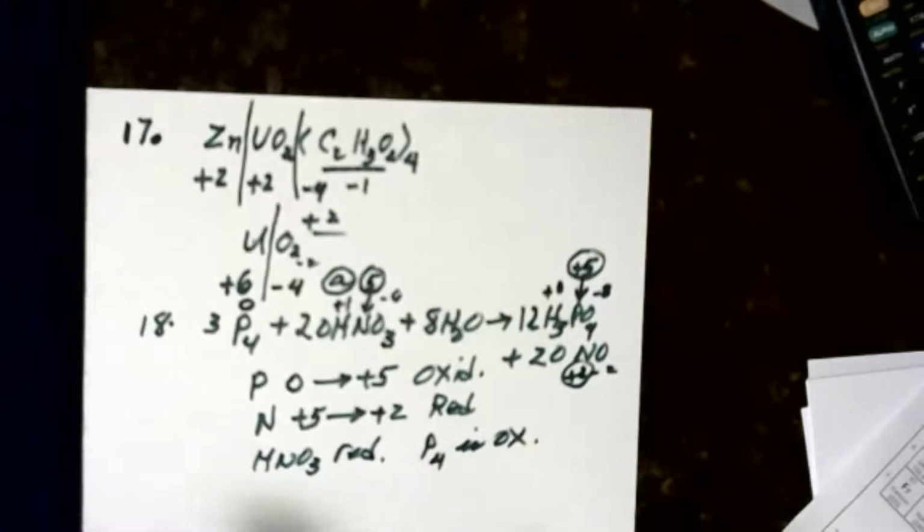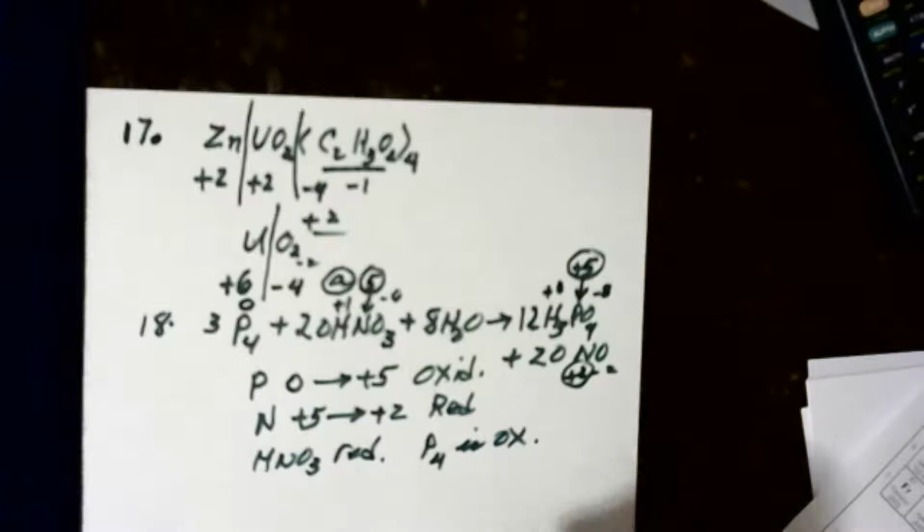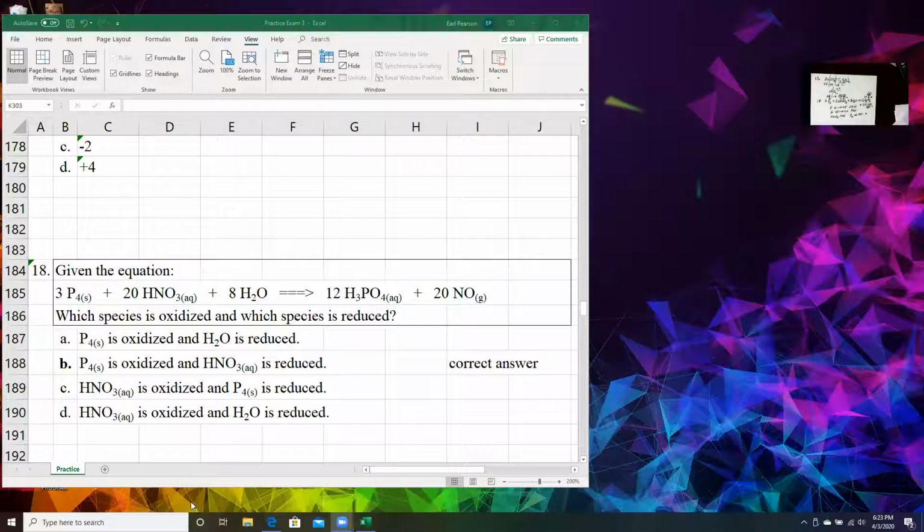Okay, so there's my correct answer. And B, that would be B on your exam. So if I let you see it again, you'll see the answer on this one. There it is. Phosphorus is oxidized and nitric acid is reduced. That's the correct answer.